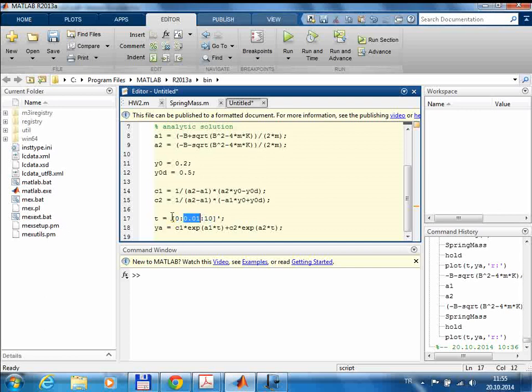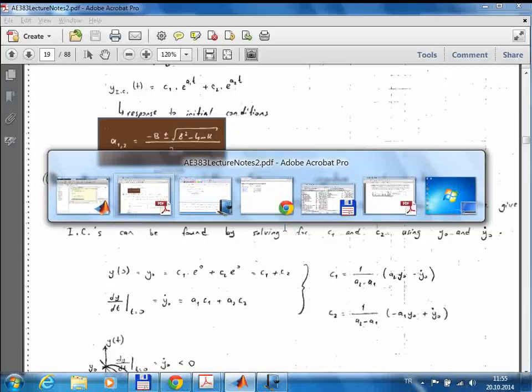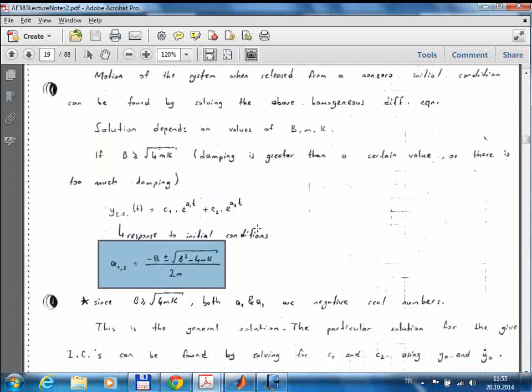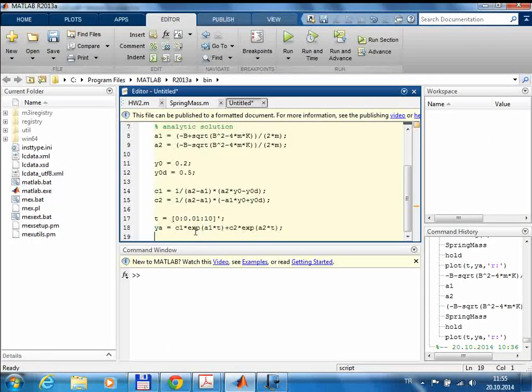This is the output function, the same function as C1 times e to the power A1 times t plus C2 times e to the power A2 times t, and all these values are known. The C1, C2 coefficients were defined here, and A1 and A2 were defined here.